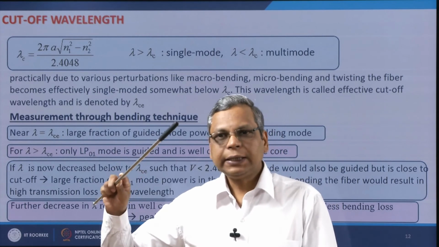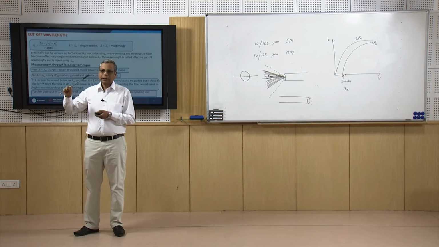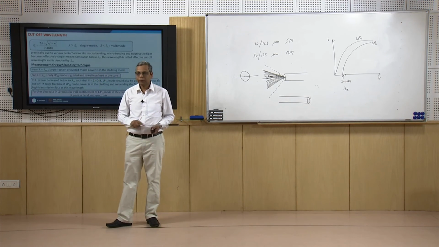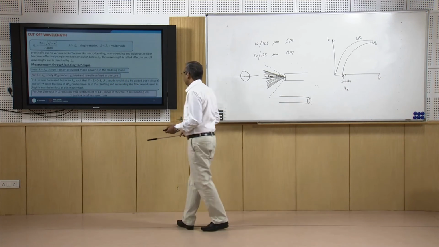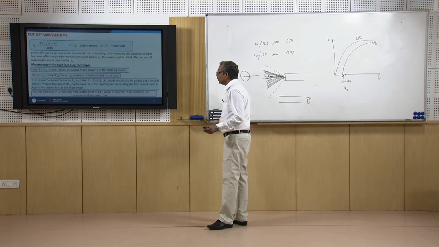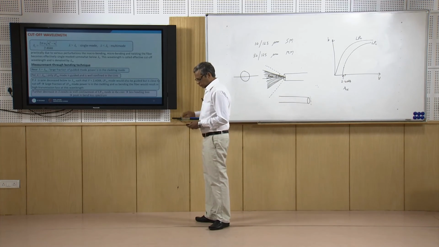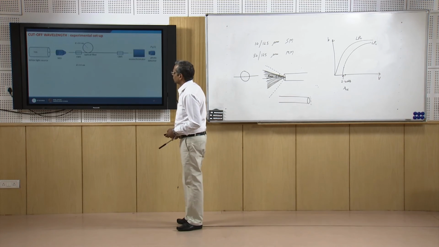But further decrease in lambda will result in the power confinement only due to the LP01 mode, and then it will decrease, because the LP01 mode is less susceptible to bending if most of the power is in the core. So, I expect a peak in the loss curve.